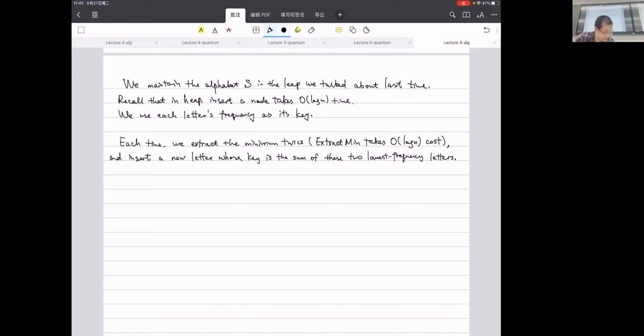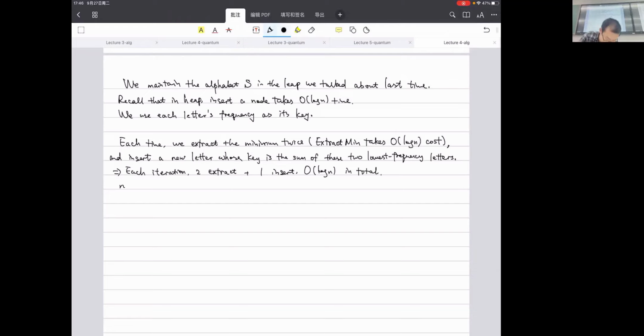Okay, so this is basically suggesting that in each iteration, we have two extract plus one insert, which is basically O of log n in total.